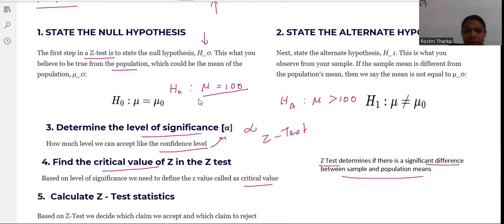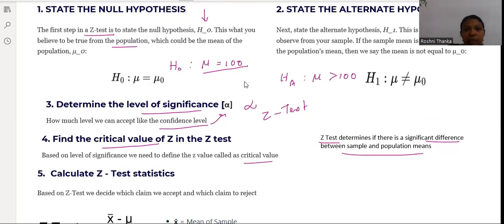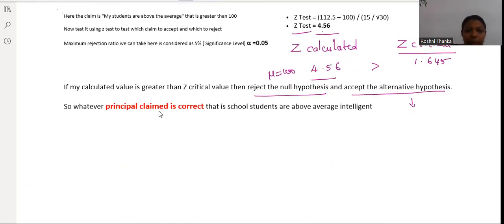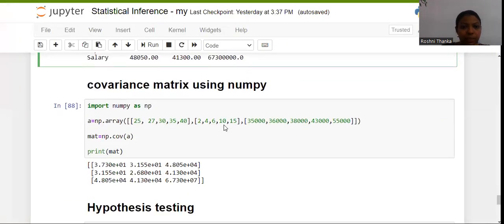Since the z value which we calculated is greater, the alternative hypothesis is true. If the z value we calculated is less, then the null hypothesis is true. So whatever the principal claimed is correct: the school students are above average intelligent. Let us implement it now.